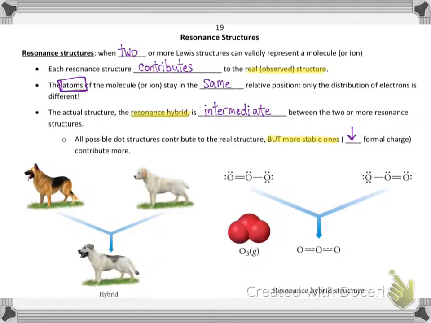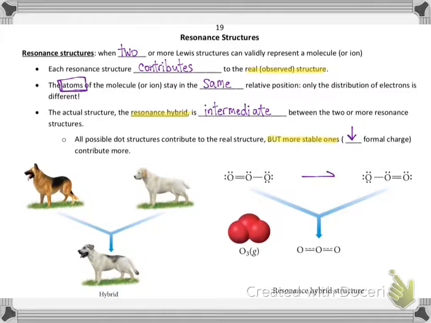So it's funny, just like you could take 2 different breeds of dog and make a puppy that has characteristics of both of them, yay puppies, that's exactly what's happening when you look at your resonance hybrid. What we usually do is, for instance, ozone, O3, can be represented by 2 equally valid resonance structures.